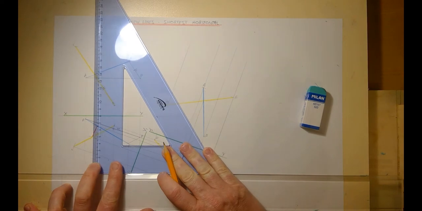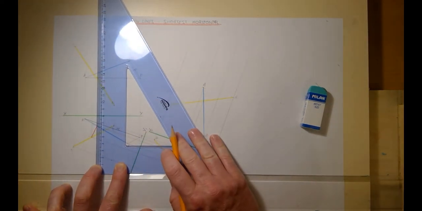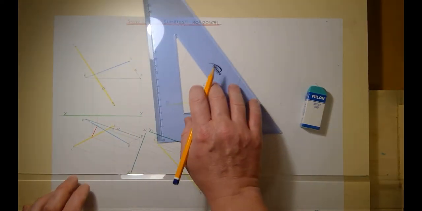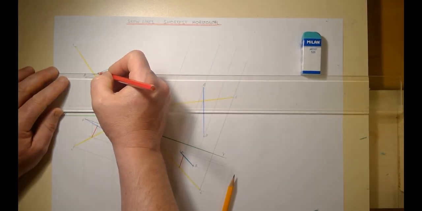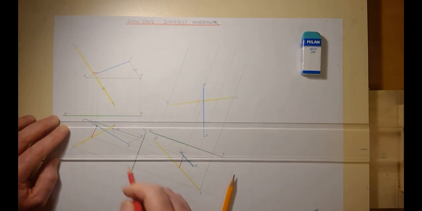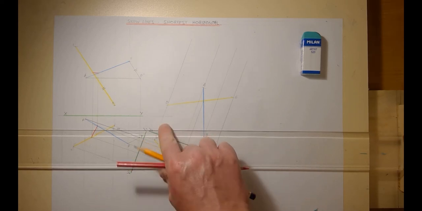The set square will just project that straight up. That's on my yellow line, my CD. And this one then is on my blue line, my AB. Okay, and we join that up in our elevation. Okay, and it should be a perfect horizontal line parallel with my original XY.